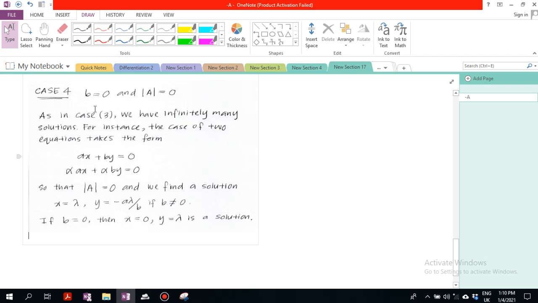You know your determinant is equal to 0, and we find the solution by taking x equal to lambda, so you get y equal to negative a lambda divided by b if b is not 0. If b is 0, then x is automatically 0 and y equal to lambda is the solution. So here we have four types of cases related to linear equations. Okay, so we go for an example.